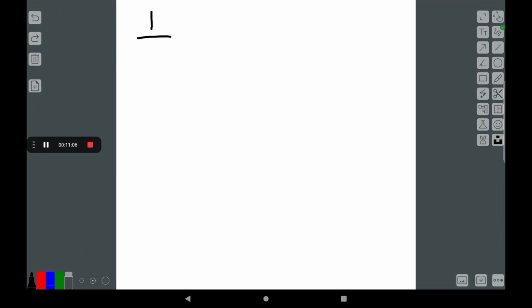So here we will take an example. Let's take 1/2 into 4/8. So here we have to do it by the cross method, the cross fraction method.